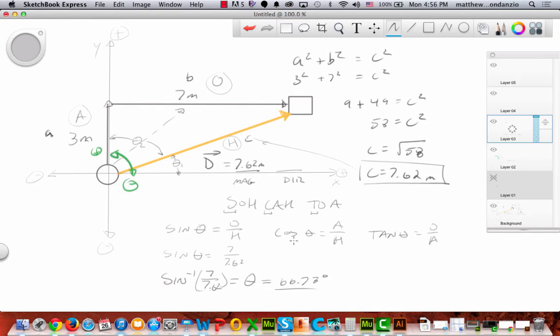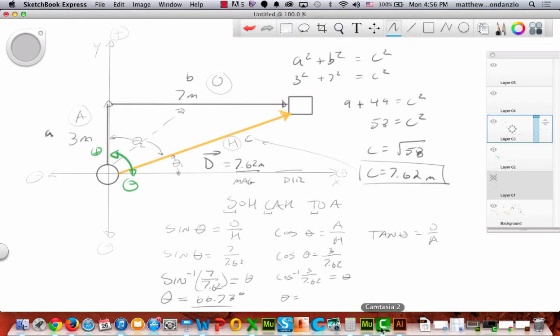Let's look at doing it with the cosine and see if we get anything different. I'm going to move this down to here so we have that out of the way. I'll come back and say theta here, and we're going to be looking for theta 2 every time, okay? Now I'm going to look at the cosine of theta equals my adjacent, which is 3 meters, over my hypotenuse, which is 7.62, which means the inverse cosine of 3 divided by 7.62 is going to equal my theta.